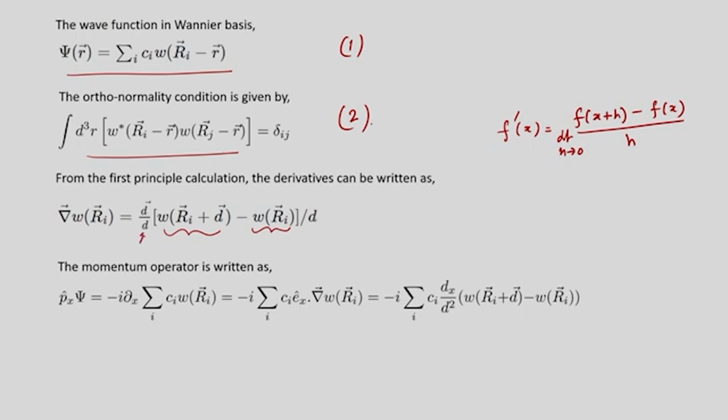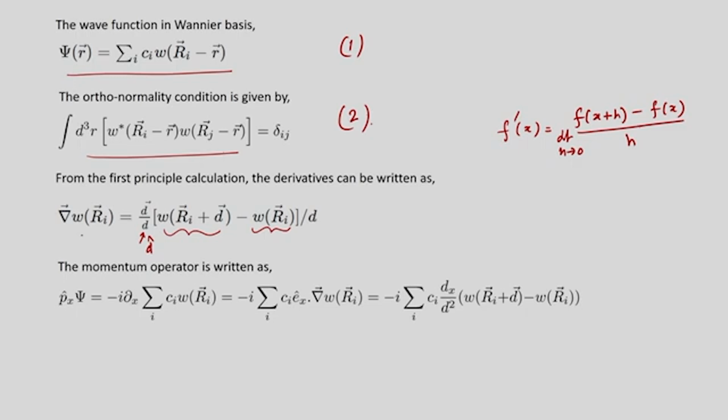So this is the d cap direction that is shown, divided by d, which is the length of the nearest neighbor vector, or the nearest neighbor distance. Because the gradient is a vector, this d cap is in the direction connecting the two sites R_i and R_i plus d, as shown here. So this is the definition of momentum, or a gradient of a scalar function.